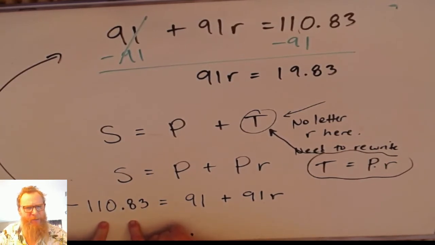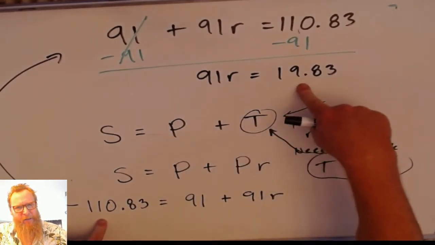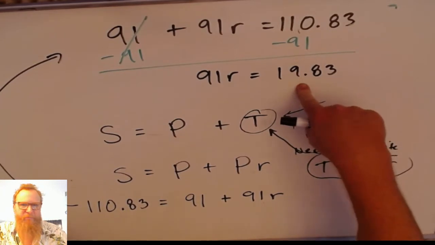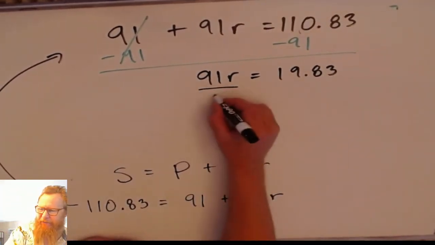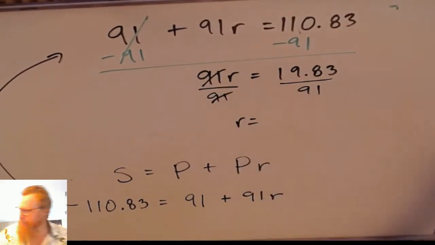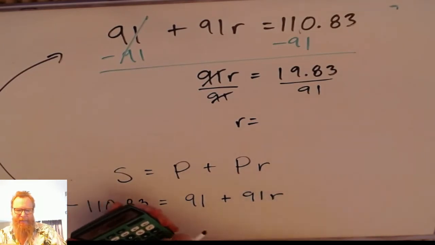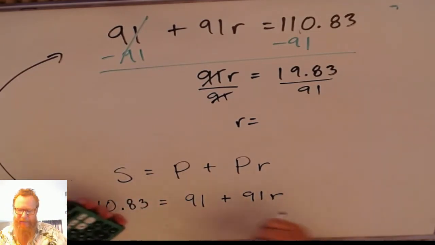You go, wait a minute, it was only supposed to be $91, but no, it's $110.83. That's because they charged you $19.83 in tax, right? And then finally, the last step, you're going to divide by 91. Again, using the calculator, mainly just to speed things up.